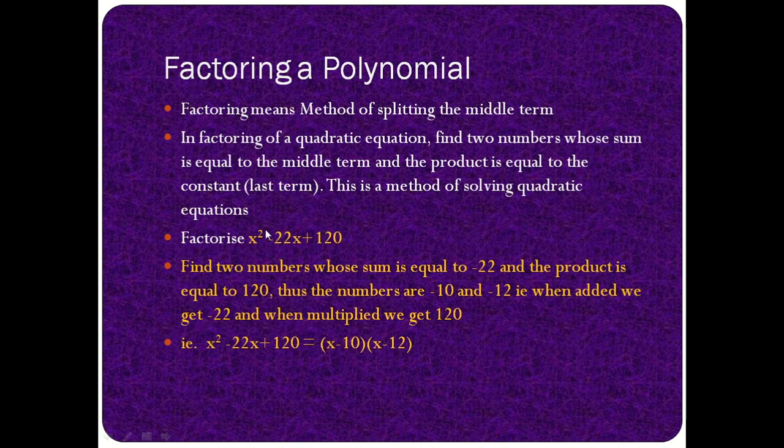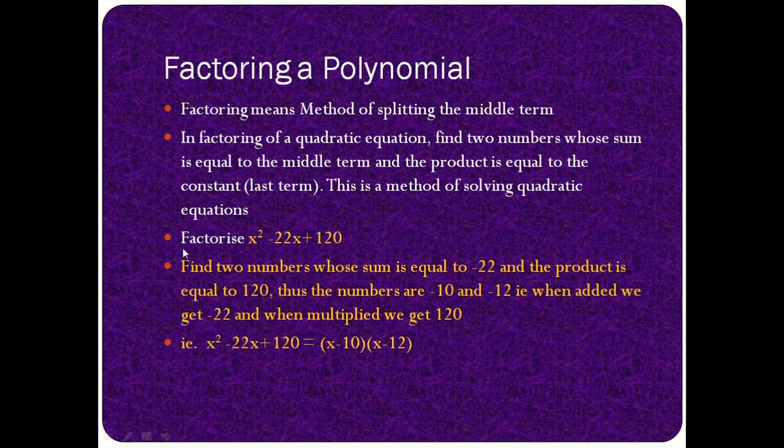This is applicable only if the coefficient of the first variable is 1. Then you can split the middle term by finding two numbers whose sum is equal to the middle term and whose product is equal to the constant term.